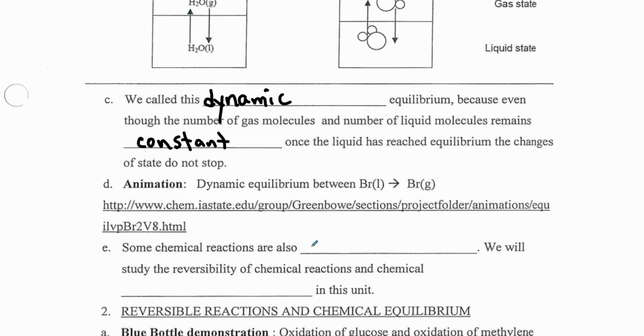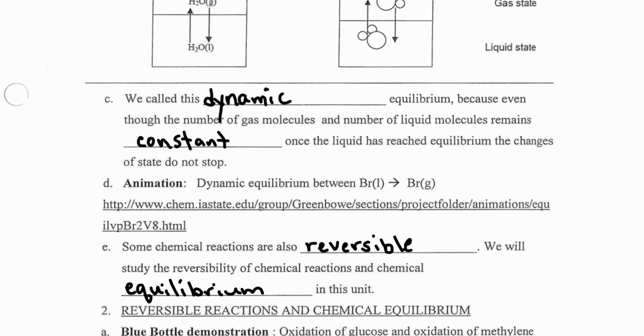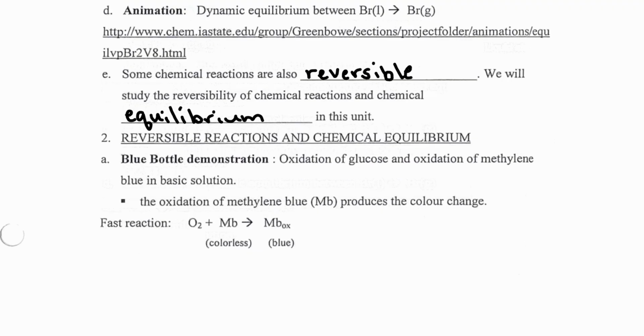So some chemical reactions are also reversible. So we're going to study the reversibility of chemical reactions and chemical equilibrium in this unit. Okay, so what exactly is a reversible reaction?